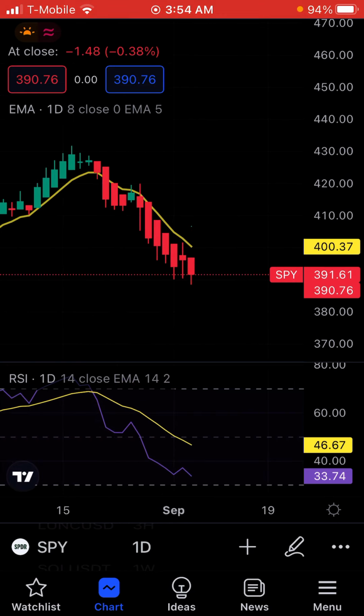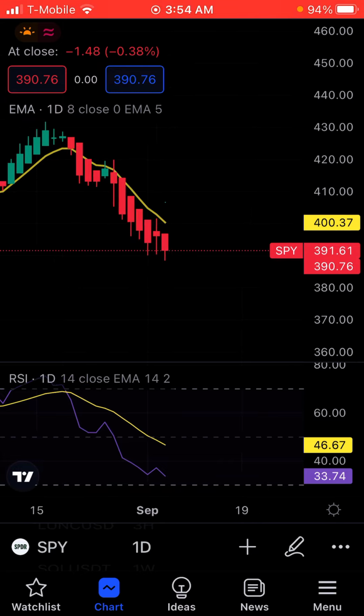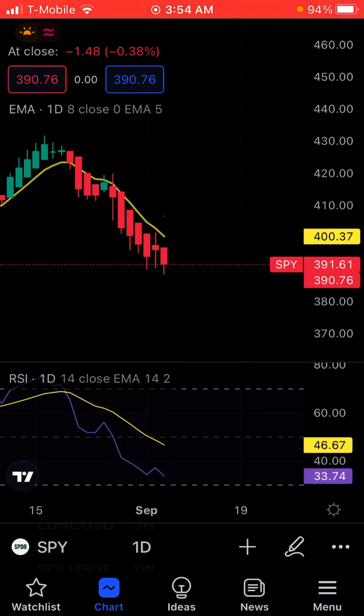I've mentioned this many times. If you want to follow along and do what I'm doing, you've got to set up your 8 EMA and your RSI, and look at it on the day. And the moment there's a green candle pushing up on the 8 EMA, that's when I'm going to do a call option. That's the next time that I'm going to do an option for this.